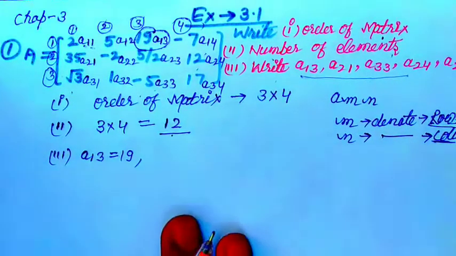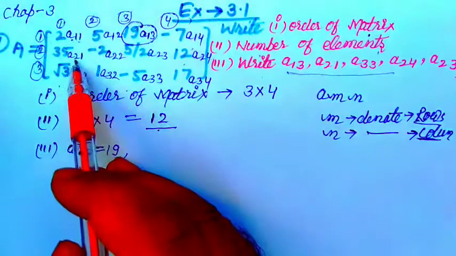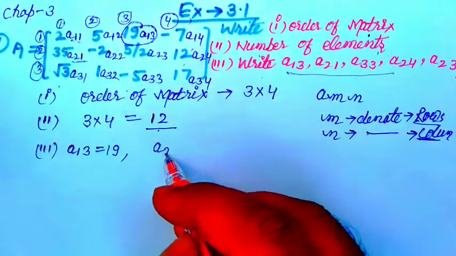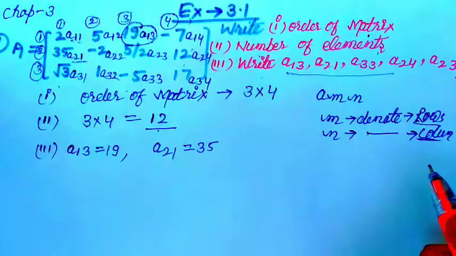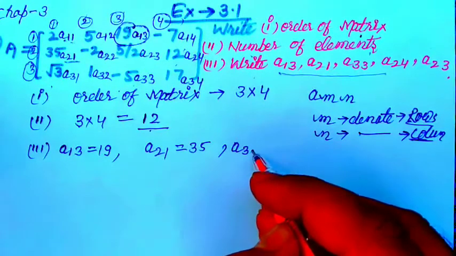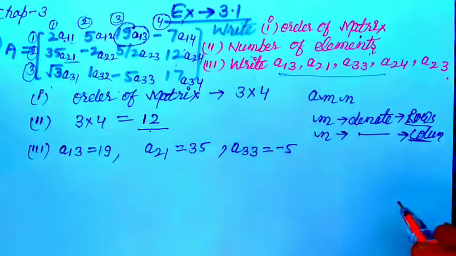The next one is A21, that is, second row first column. Second row first column we have 35 here. Third row third column, we have -5 here.